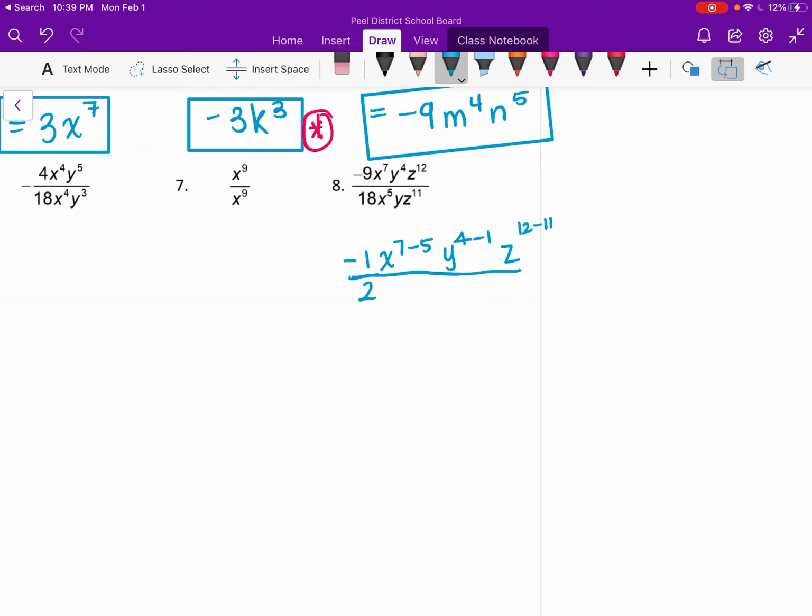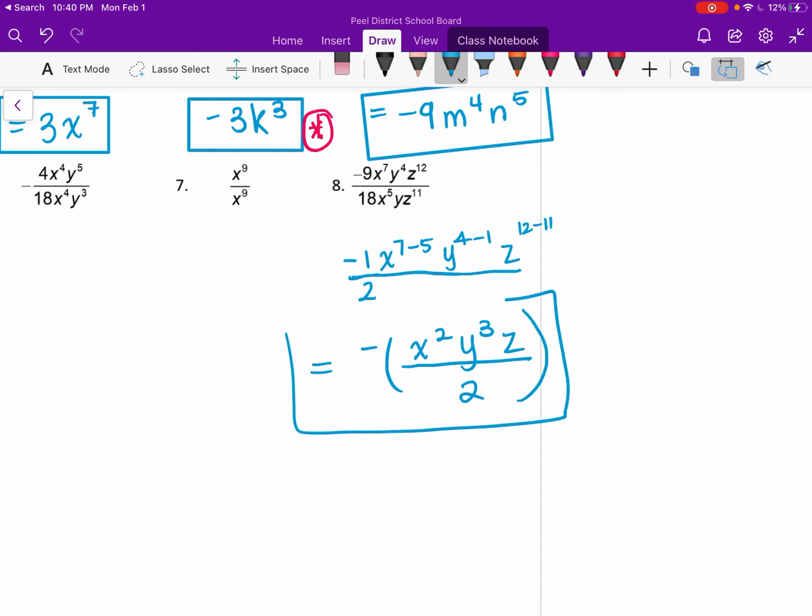So I know it's going to be negative 1, I can just leave as is. So I'm going to make it negative x to the 7 minus 5 is 2, y to the 4 minus 1 is 3, z to the 12 minus 11 is 1. So I don't even need to write that, and I'll just leave it. All over 2. And that is my answer.